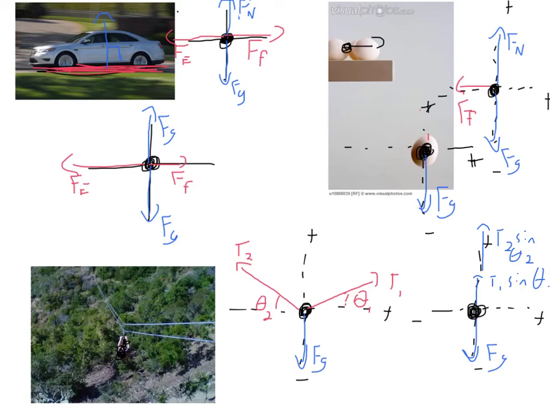Now in the x-axis going to the right, I have T1 cosine theta 1. Remember, cosines for x's, sines for y's. And then going back to the left, I have T2 cosine theta 2. It's broken down into components. I would be ready to substitute into Newton's second law, F equals ma, sum of the forces equals ma.